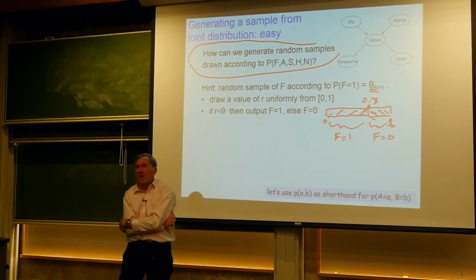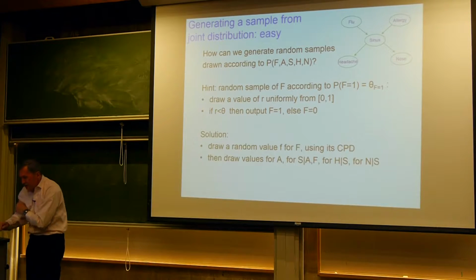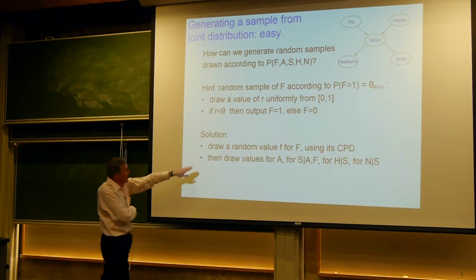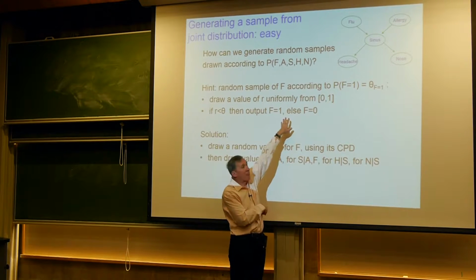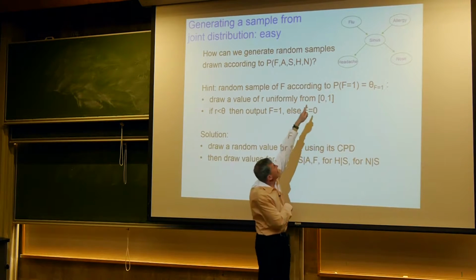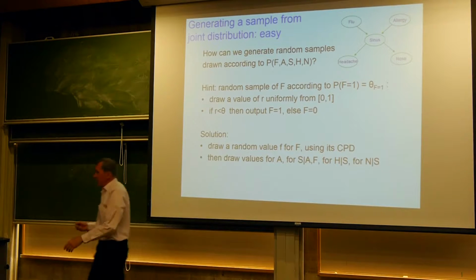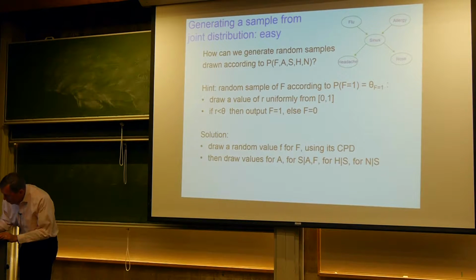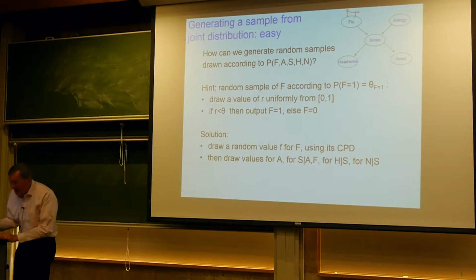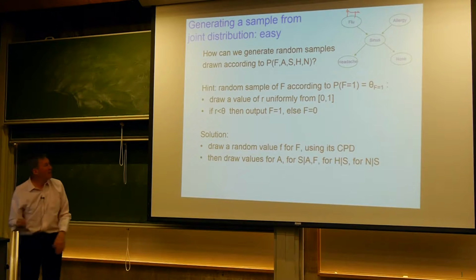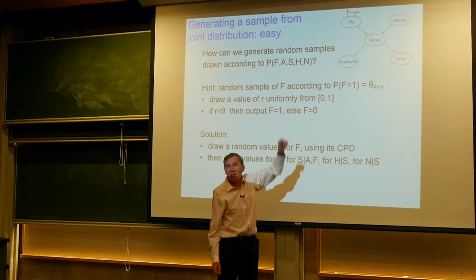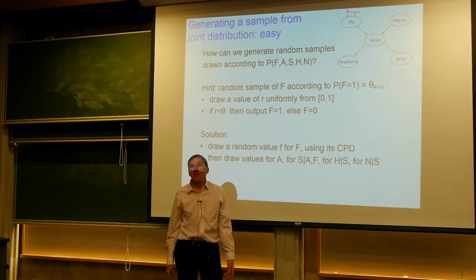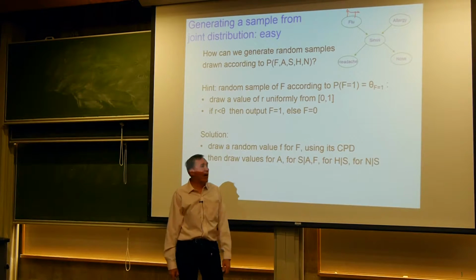So all we have to do is draw a random value for F, just like we talked about, using its conditional probability table, which of course has just one parameter, which is theta F. And then we'll draw a value for A the same way. Its conditional probability table just has a theta for A.